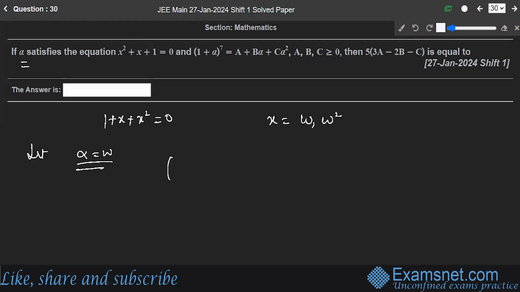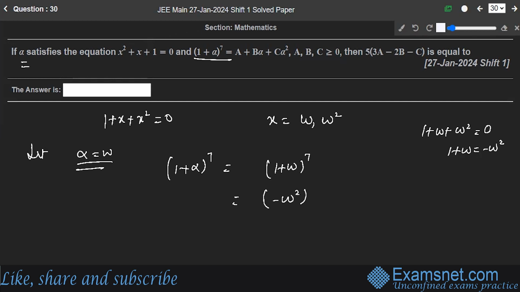Now 1 plus alpha raised to power 7 will be equal to 1 plus omega raised to power 7. You know one identity, 1 plus omega plus omega square is equal to 0. So you have 1 plus omega as minus omega square, or minus omega raised to power 14.